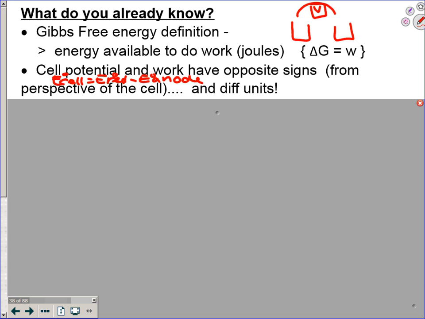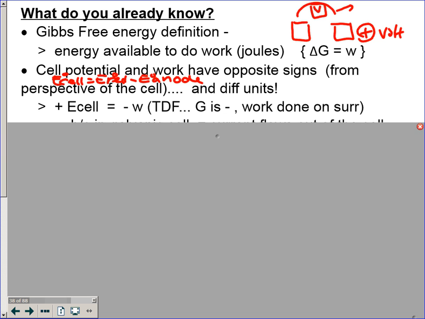We can measure the energy at the top of the cell with the voltmeter, but then we can siphon that energy off as electrons, which is electricity, and we use it to do work. So the battery itself is making energy, so it has positive voltage, but then we siphon it off, so it loses energy to its surroundings, which is why we call it negative work. That's why they have opposite signs. And cell potential is in volts and work is in joules.